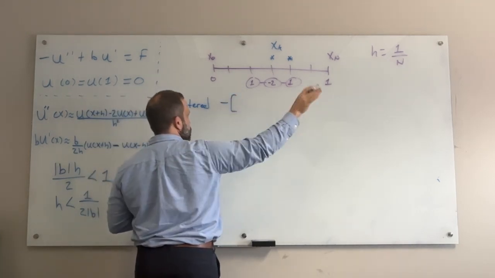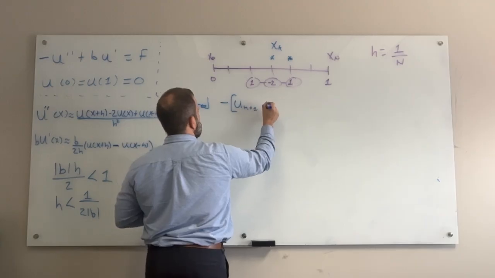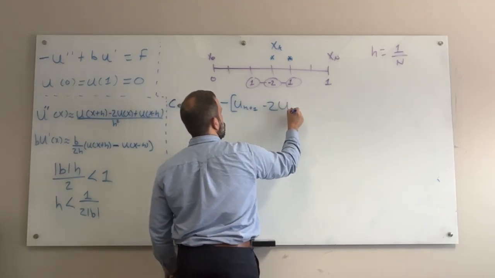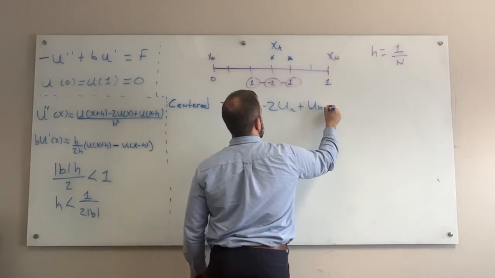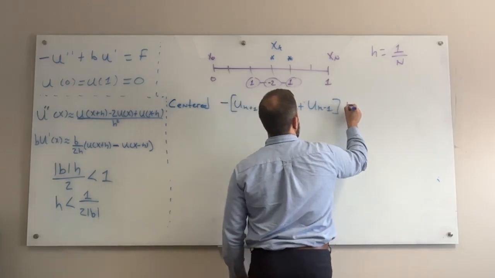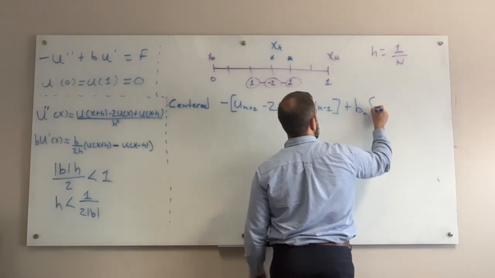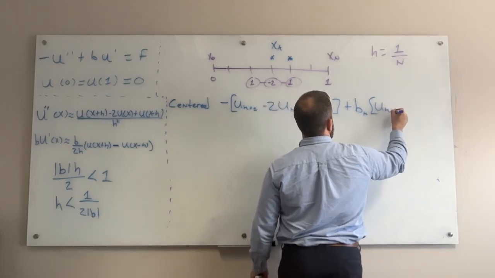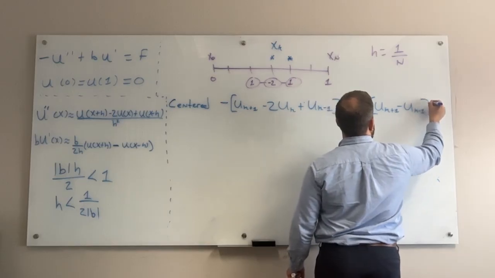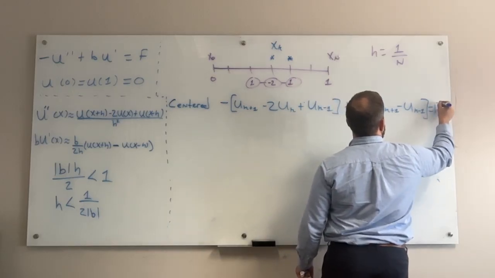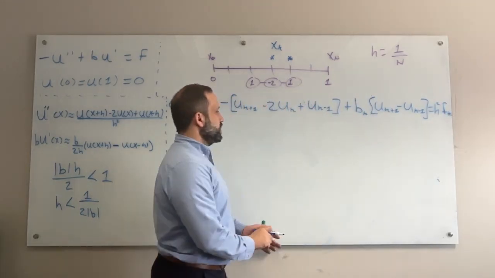Assuming I multiply by h squared, we're going to have u_{k+1} minus 2u_k plus u_{k-1} plus b(x_k), which we're of course going to call b_k, times u_{k+1} minus u_{k-1}, and this is equal to h squared times f_k. This is the centered one.